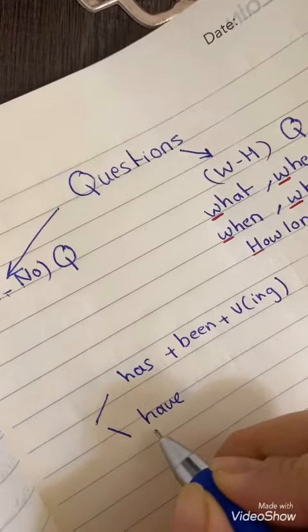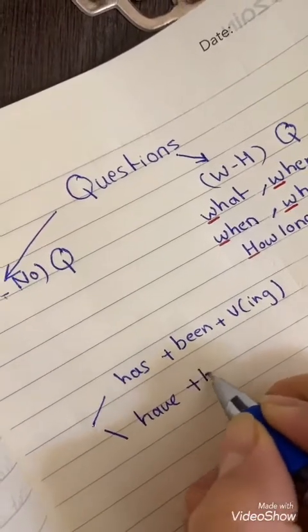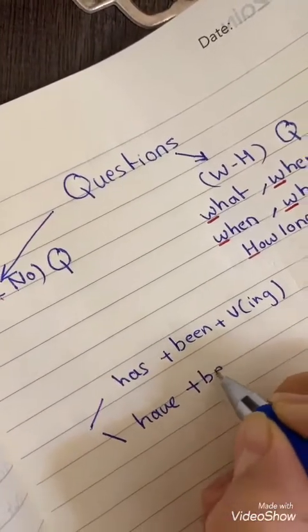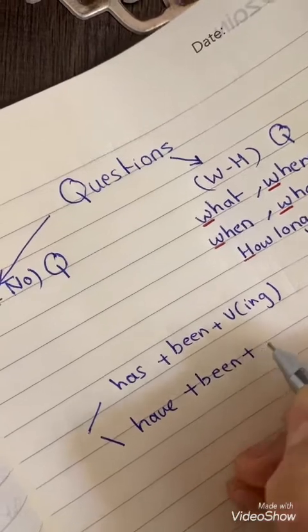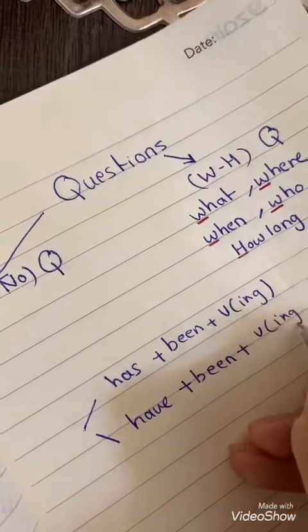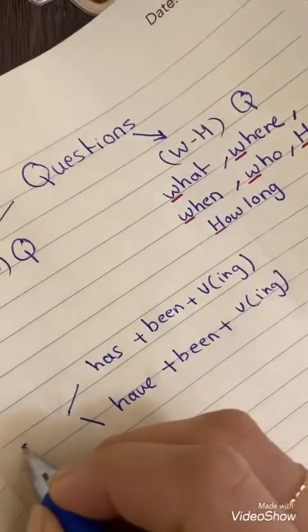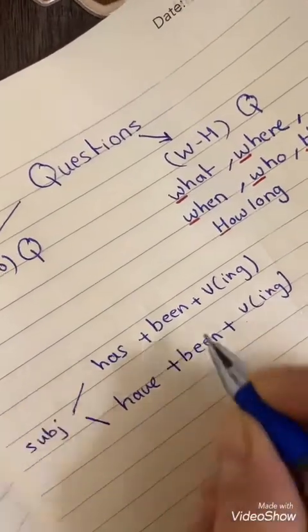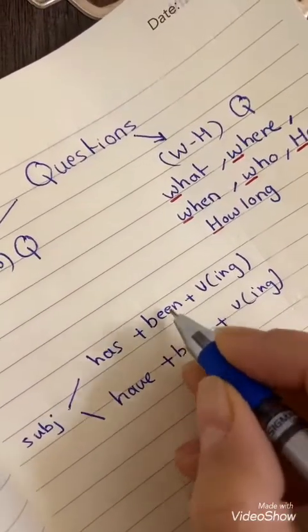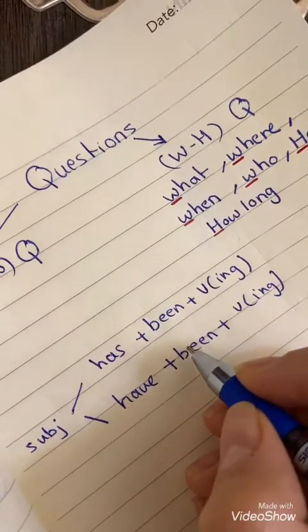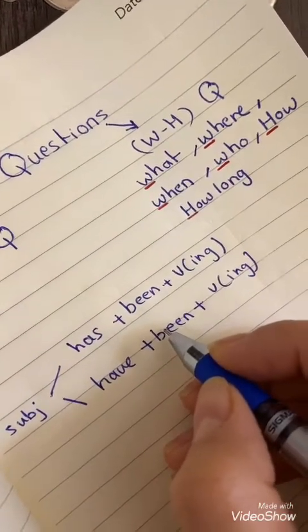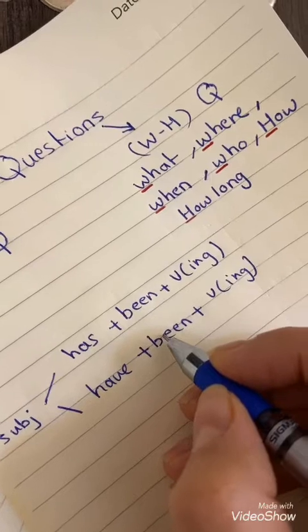But if the subject is plural, we use have been with the verb with ing. This is the rule of the present perfect continuous tense.